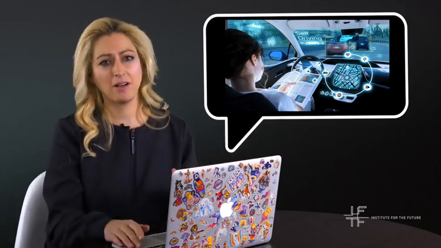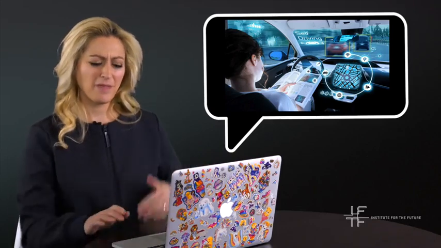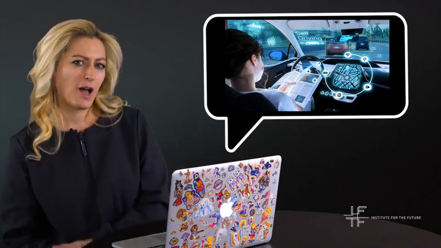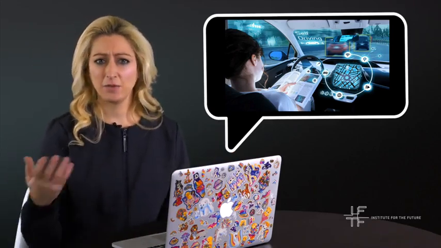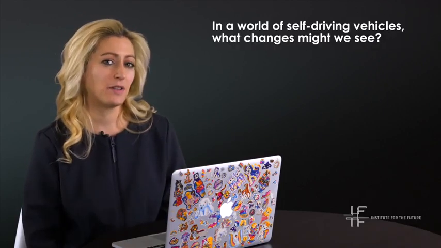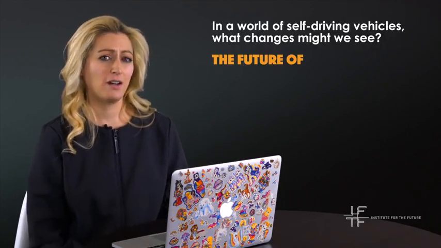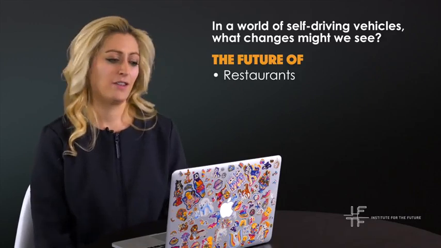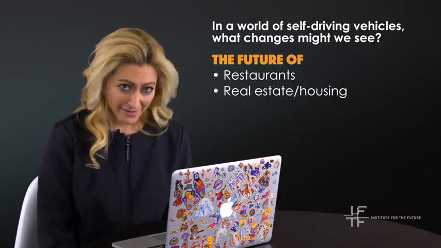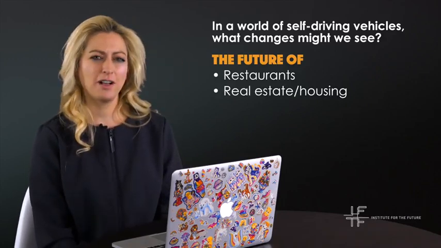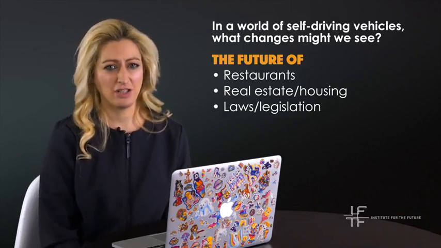Okay, so we've got an up-to-date driver. We know exactly what's going on with self-driving cars. What about the future topics? Let's just take 3 future topics that some of my students have chosen at Stanford as the ones they want to investigate, and we can work with them to see how forecasts might emerge. So here are 3 topics: the future of restaurants, the future of real estate and housing, and the future of laws and legislation.